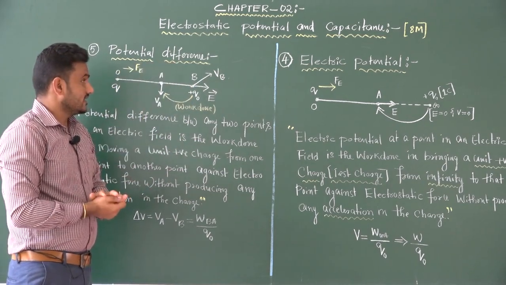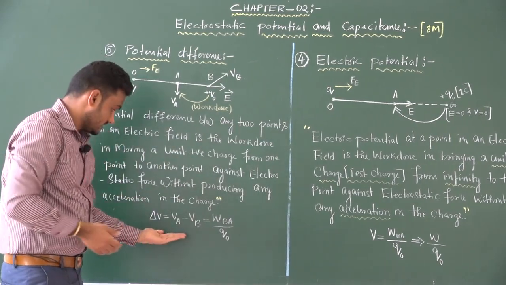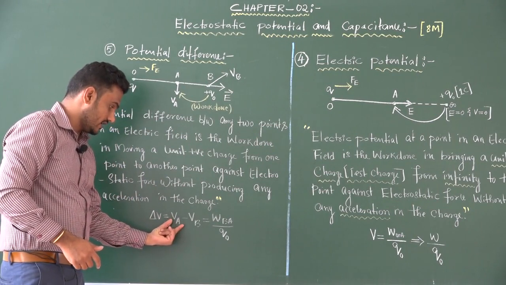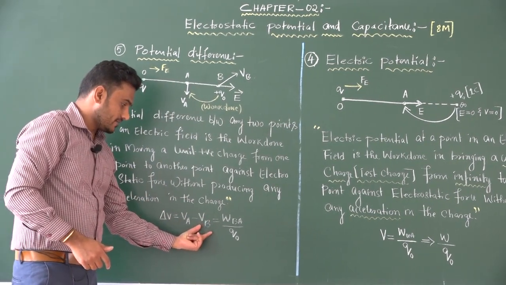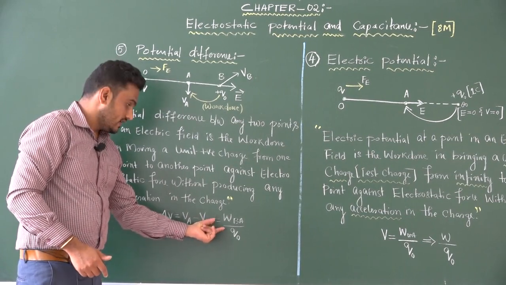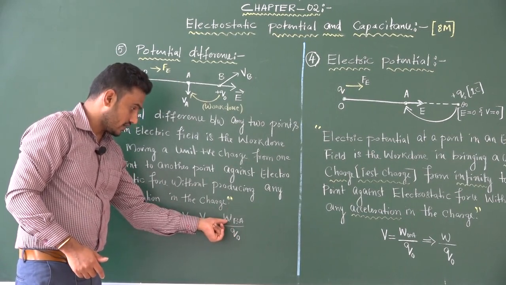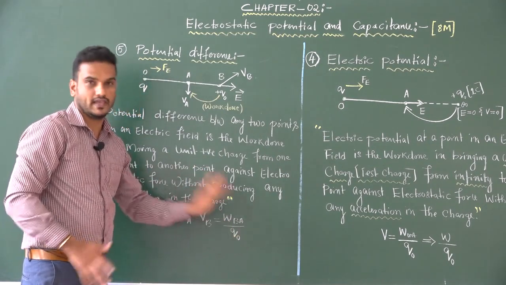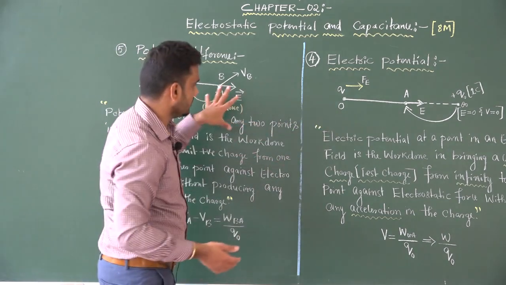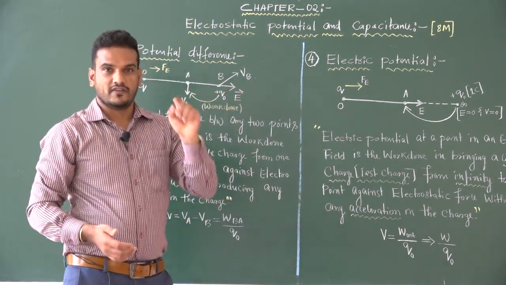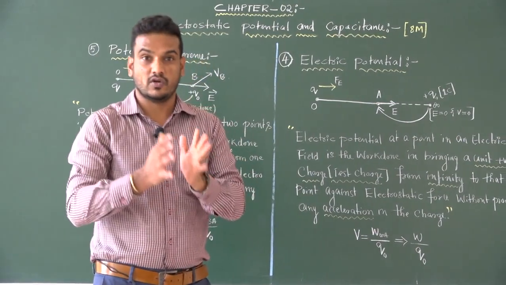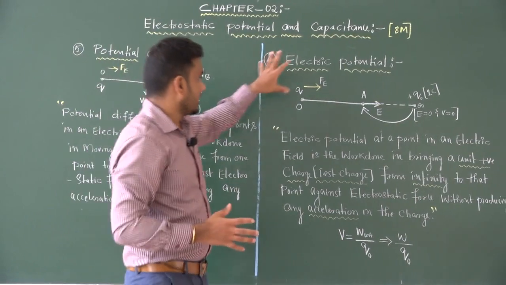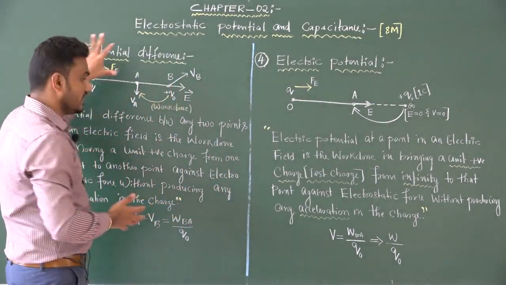Potential difference is mathematically expressed like this: delta V is equal to VA, that is the potential at point A, minus VB, that is the potential at point B. Also you can write it as equal to the work done in order to move a unit positive charge from B to A. So these two are very important fundamental concepts in order to understand the remaining concepts and derivations: electric potential and potential difference.